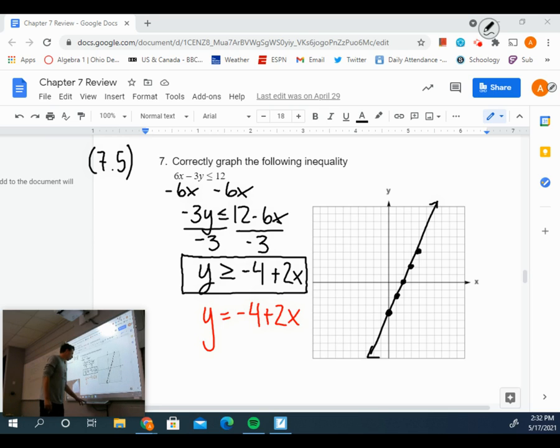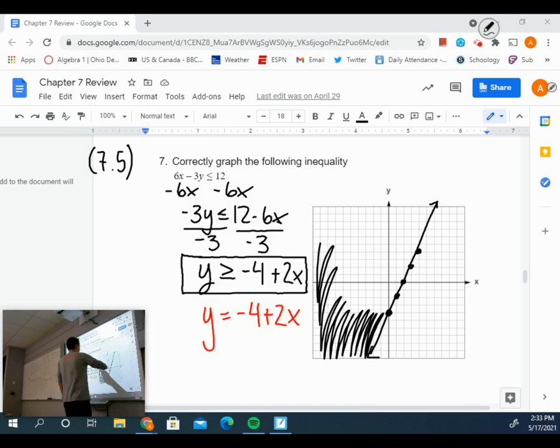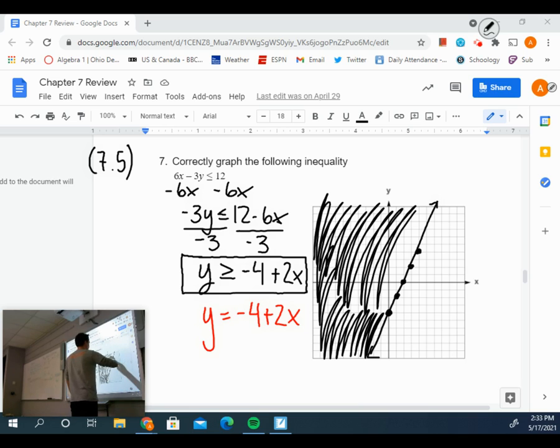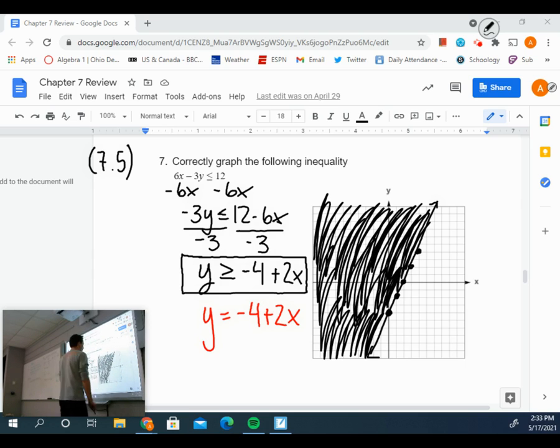Well, the y values are bigger, and that should indicate to us that we want to shade above the line. And again, if any of these steps are confusing or really foreign to you, like why are you shading above the line, that doesn't make sense to me, again, I would ask you to consult the 7.5 instructional video.